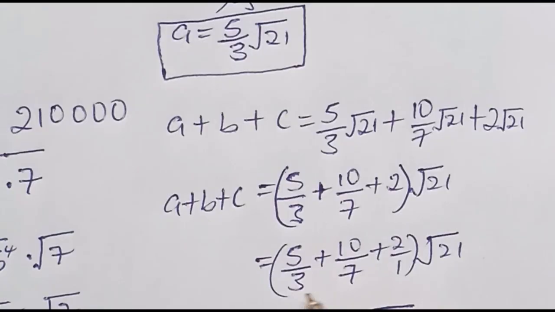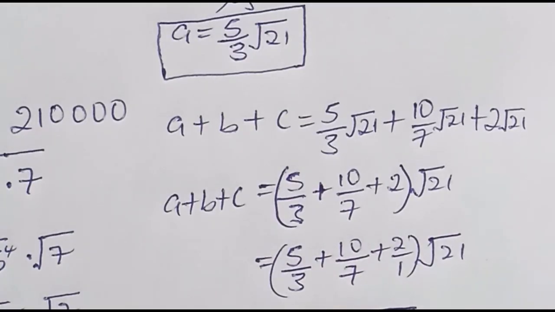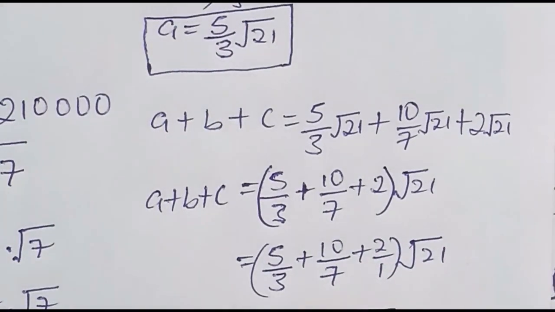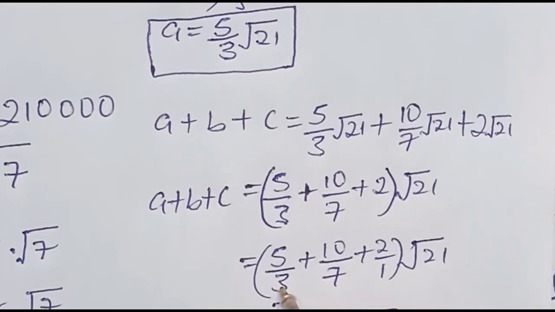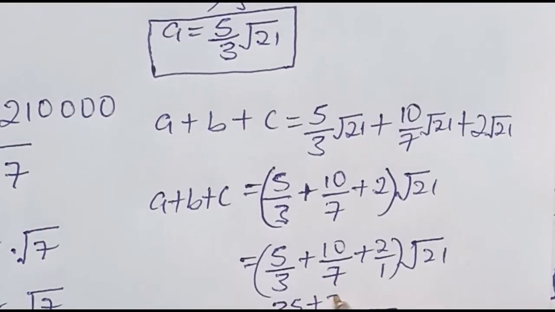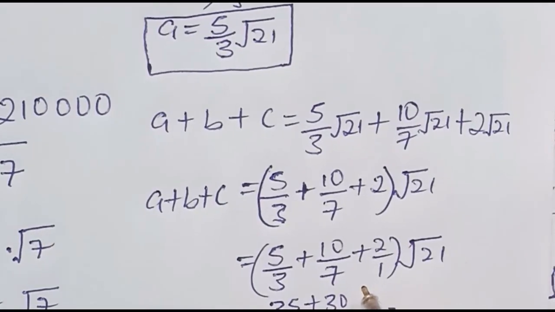So 5 multiplied by 7, I have 35. 3 multiplied by 10 gives me 30.